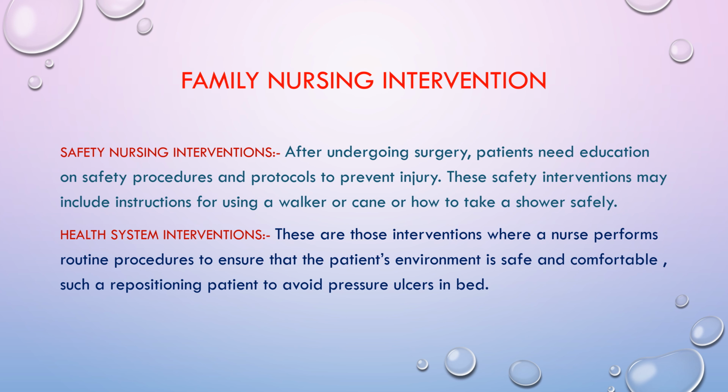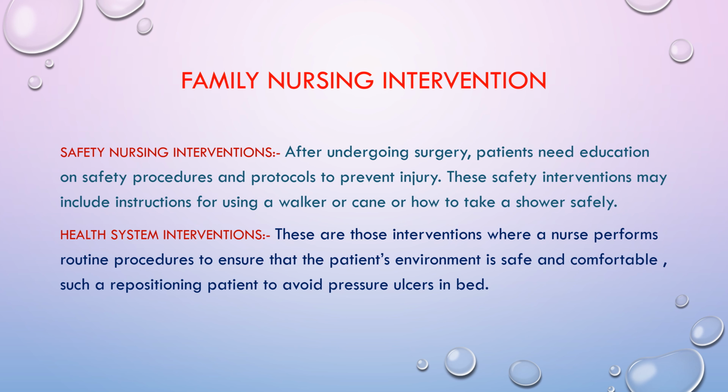Then the health system interventions. These are those interventions where a nurse performs routine procedures which will help a patient to ensure a safe environment and also a comfortable environment. For example, you have a patient who is on a bed for a prolonged period of time.